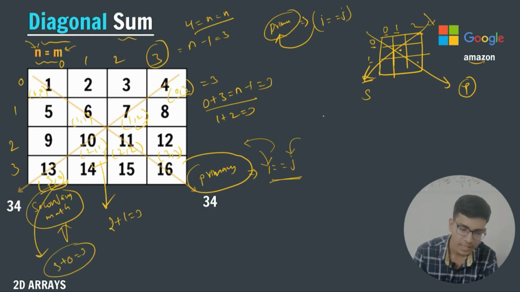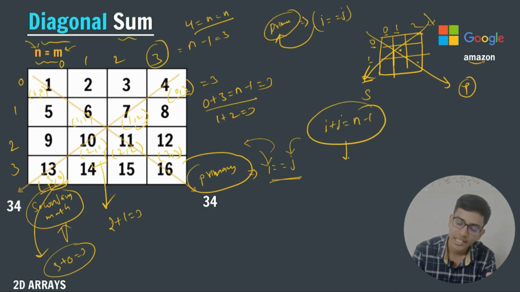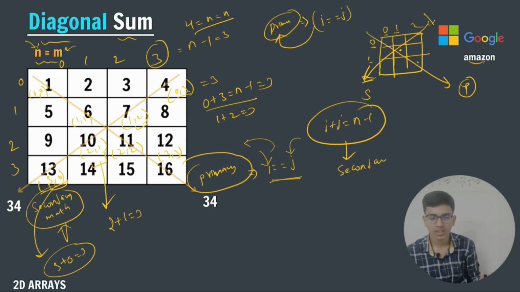So for a particular element to be a part of my secondary diagonal, its sum i plus j should be equal to n minus 1. If this condition is true, then it is a part of the secondary diagonal. So we have found the cases when an element can be a part of the primary and secondary diagonals, and we derived those conditions logically.